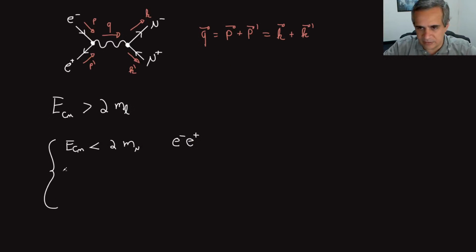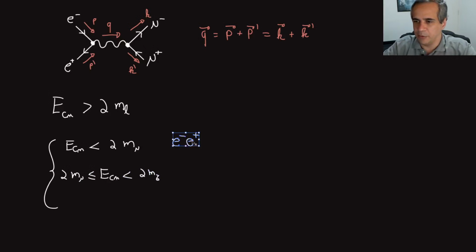If this center of mass energy is between twice the mass of the muon and twice the mass of the tau, then I can produce this final state and also this final state, mu minus mu plus. In this case, there's a probability to produce e minus e plus and a probability of mu minus mu plus.